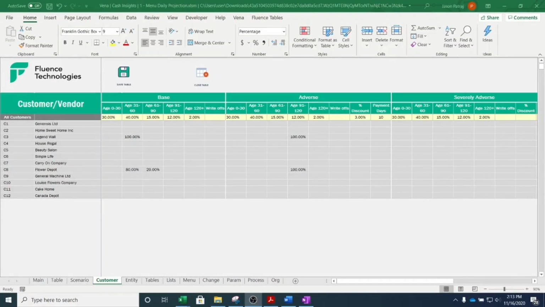Much of the calculations for the recurring cash transactions can be modeled using our out-of-the-box drivers template. On the Customers tab, cash inflows from customers or AR turns can be entered at the customer level or defaulted if required.